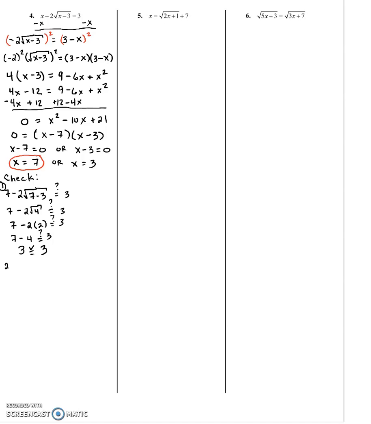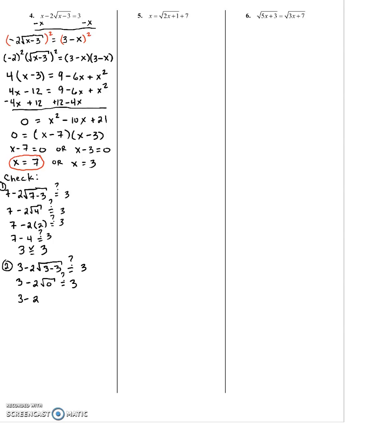Now we have to check our other answer. Does 3 work? So if we check 3, we have 3 minus 2 times the square root of 3 minus 3, and we need to know if that equals 3. So 3 minus 2 times the square root of 0, does that equal 3?